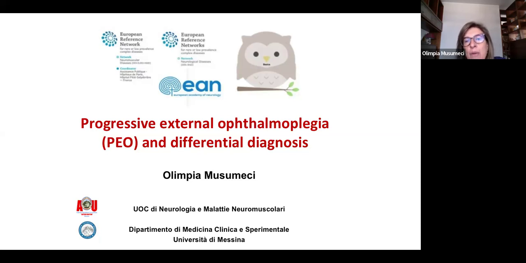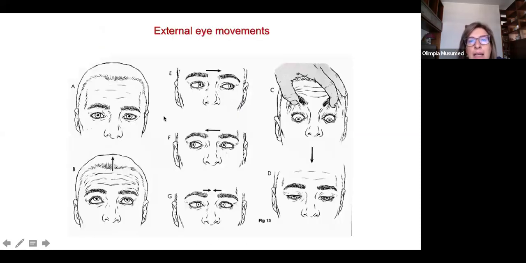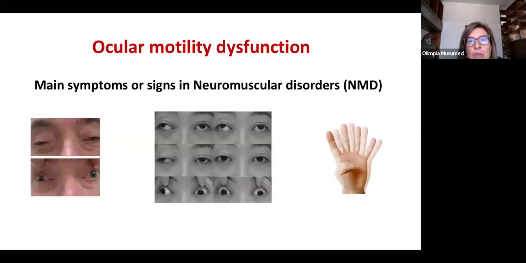As we know, ophthalmoplegia is simply a dysfunction of eye movement. When we talk about ocular motility dysfunction, which is frequently present in different neuromuscular disorders, three main symptoms can derive from it.